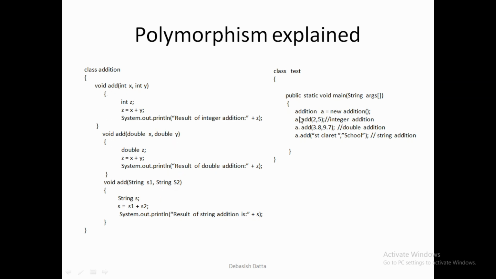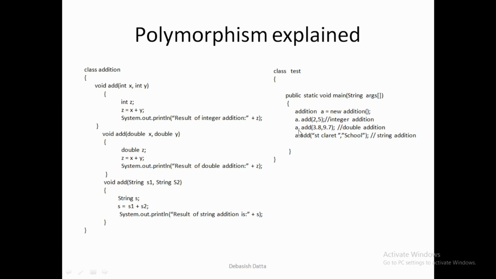Suppose whenever we call the add function with the integer values, this function will be executed and the result will be displayed. So after writing this line of program statement, we'll see an added value of 7 displayed on the computer screen.